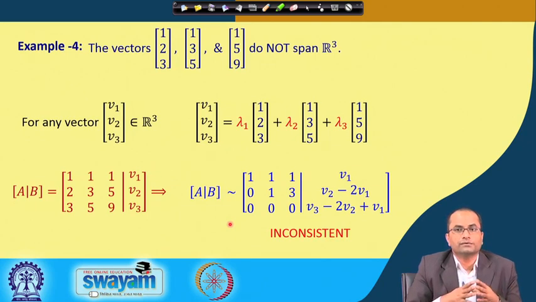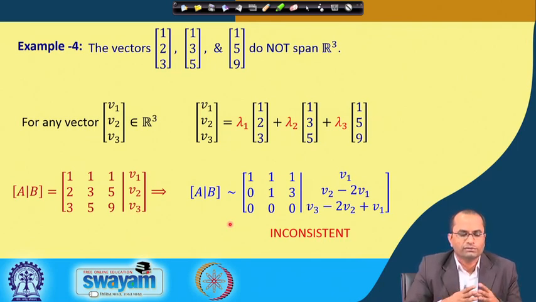In the third example, where we have taken 4, that was also a spanning set, but there we were getting non-unique representations of a given vector from R3. And now in this example, though we have 3 vectors from R3, they are not sufficient to represent a general element or a general vector from R3. So, this does not form a spanning set of R3.